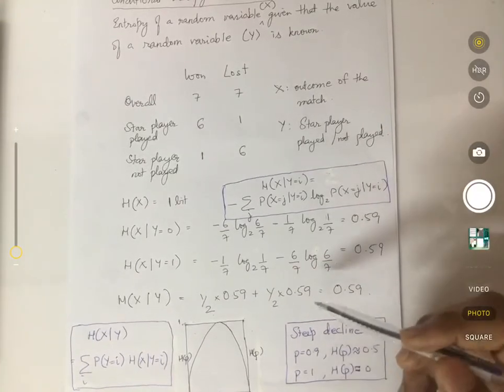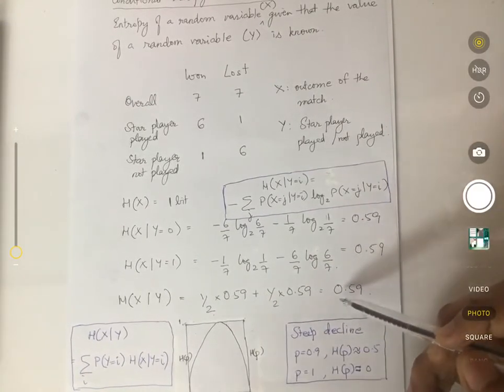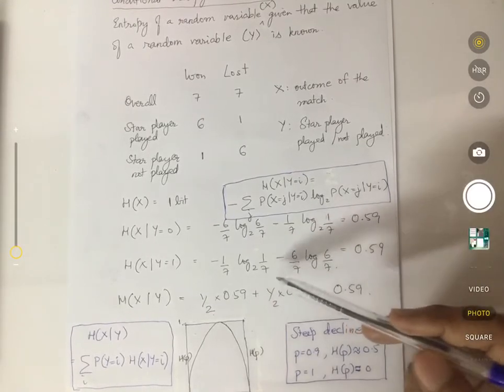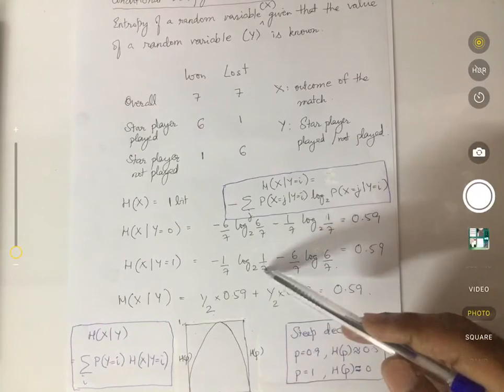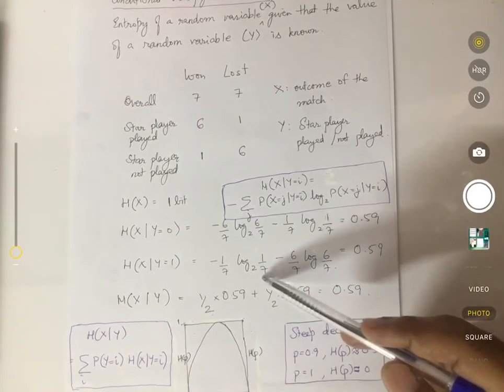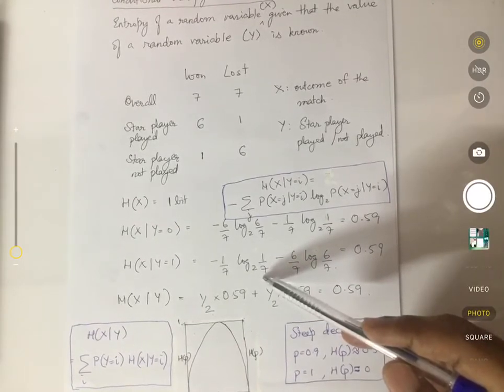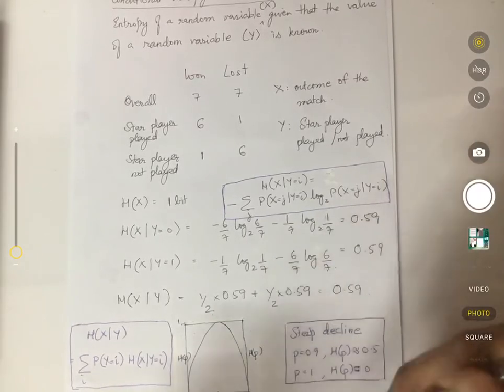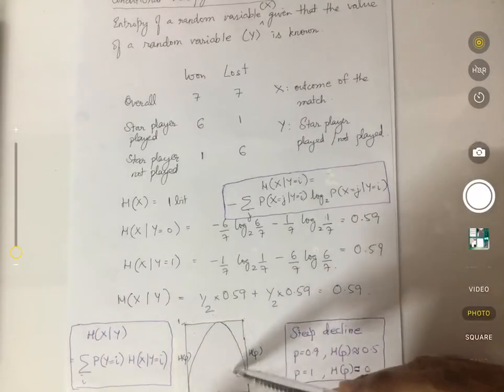Okay. And another thing to note from here, that even though these probabilities are skewed, 6 by 7, 1 by 7, and when it is 0.5, 0.5, you get an entropy of 1. Okay, let's look at this figure here, right?